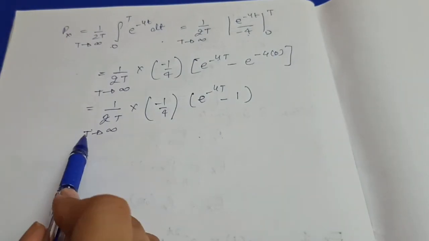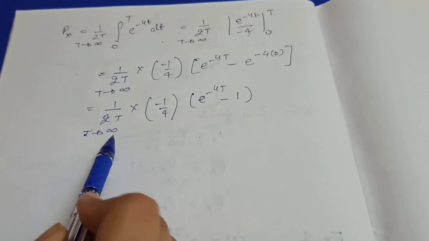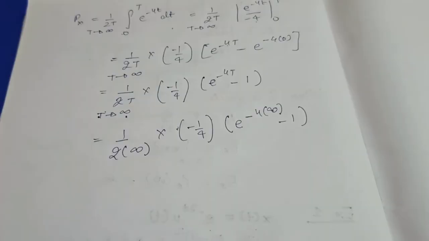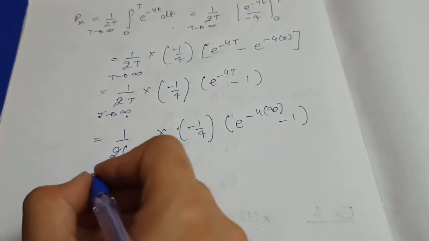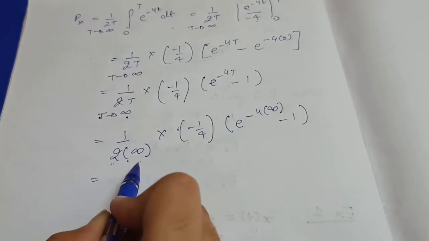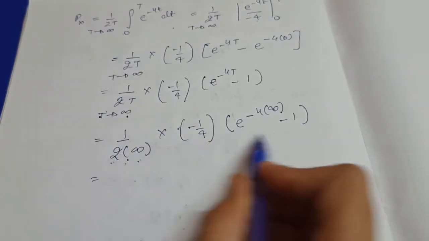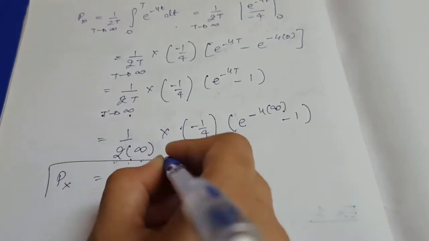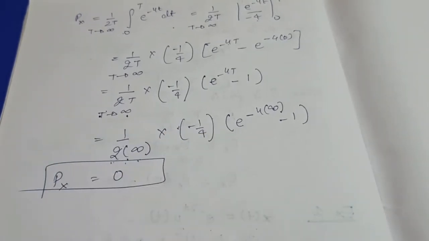Now substitute T is equal to infinity. So this term 1 by infinity is 0 and 0 multiplied by all other terms is 0. So here the power of the signal comes out to be 0, right?